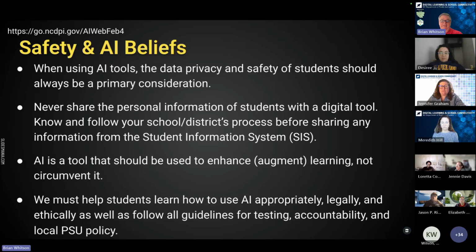We hear that often from a lot of our educators in the field. And finally, we must be the ones who help our students to use AI appropriately, legally, and ethically, as well as following and modeling the following of guidelines for testing, accountability, and any of your local policies.